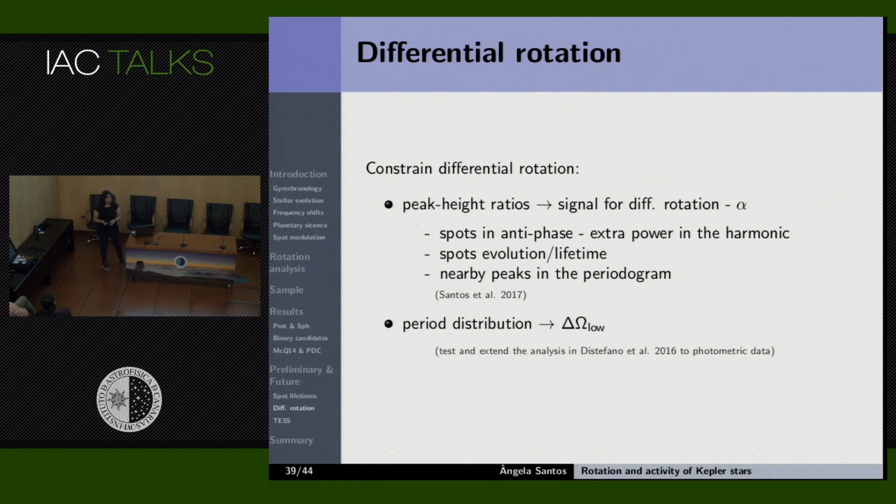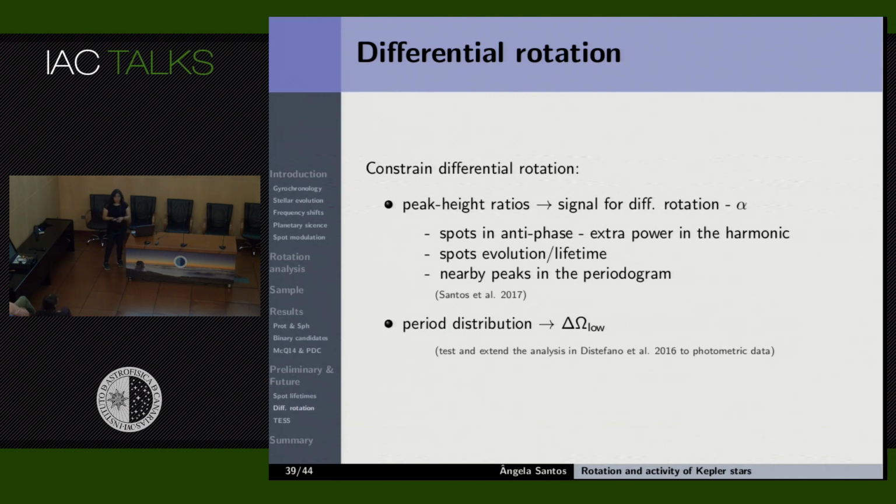But there are some problems with this method. One of the problems is that if the periodogram is complex and there are several peaks in the periodogram, each peak influences the other, and the heights are affected, so the peak-height ratios are affected.